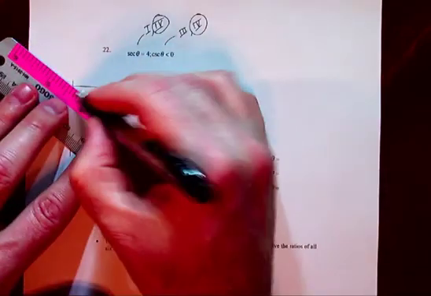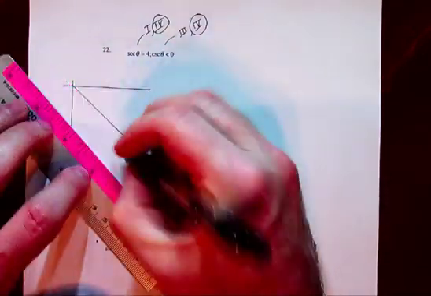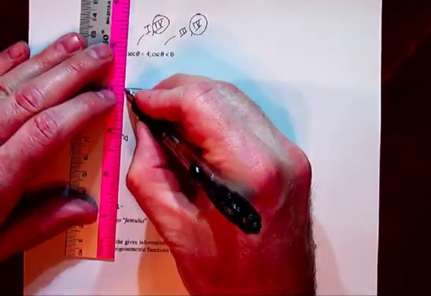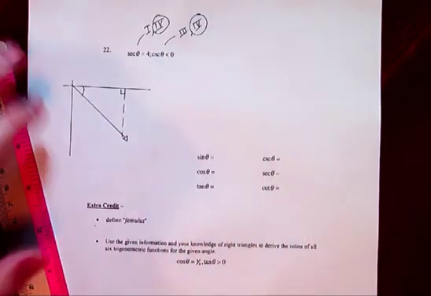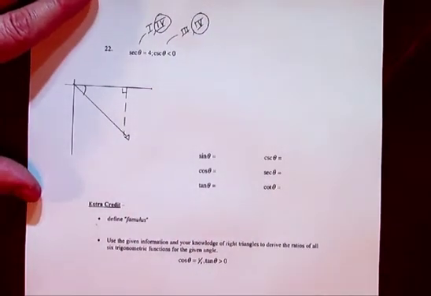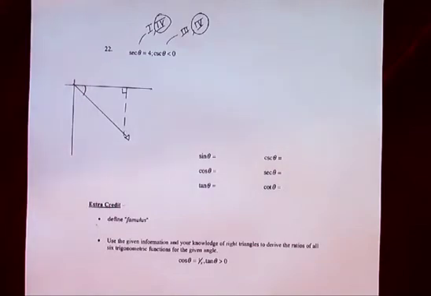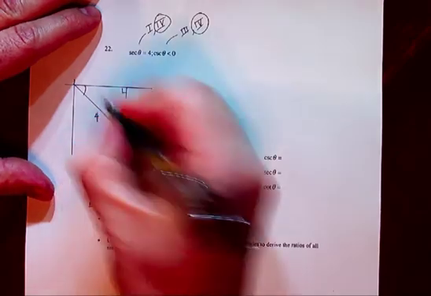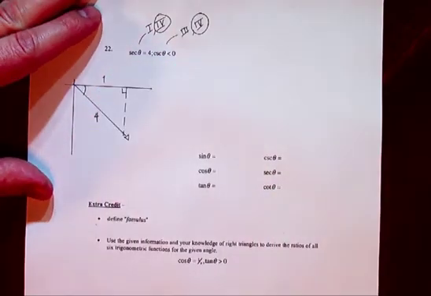Okay? And I'm not going to draw this to scale. But basically, you just need to shoot a ray down here, make it into a triangle as sort of a placeholder for putting some of these values. Now, secant of 4. Now remember that cosine is adjacent over hypotenuse, so secant is hypotenuse over adjacent.